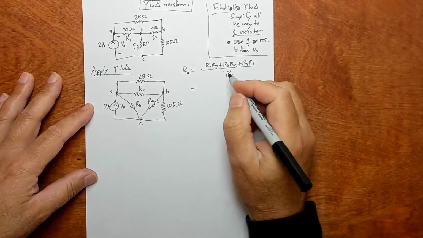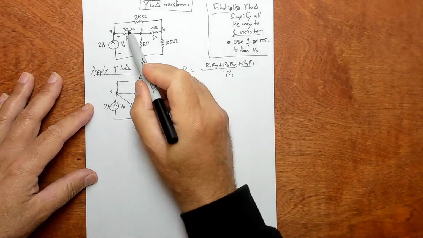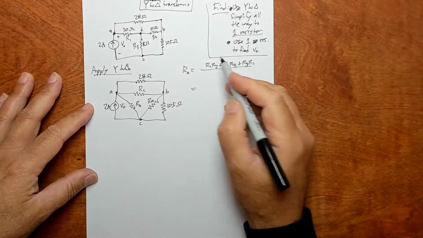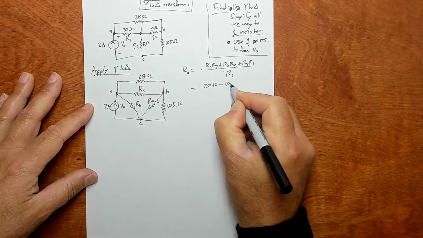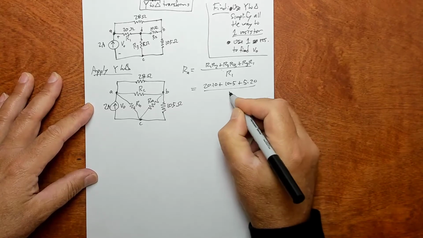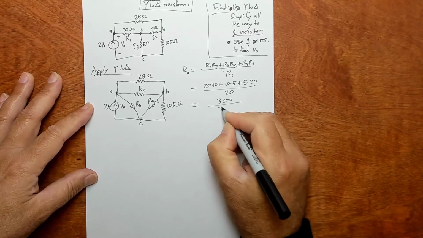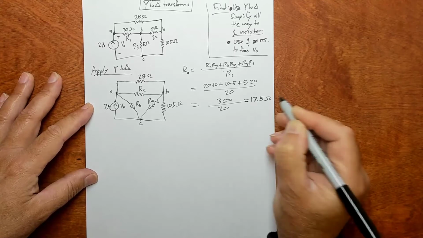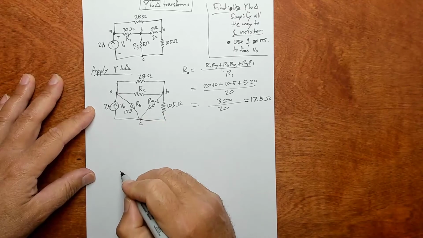Plugging in the 20, 10, and 5 as appropriate, you end up with 20 times 10 plus 10 times 5 plus 5 times 20 over R1, which is 20. This works out to 350 on the numerator over 20 on the denominator, which is 17.5 ohms. That's RA. It's 17.5 right here.